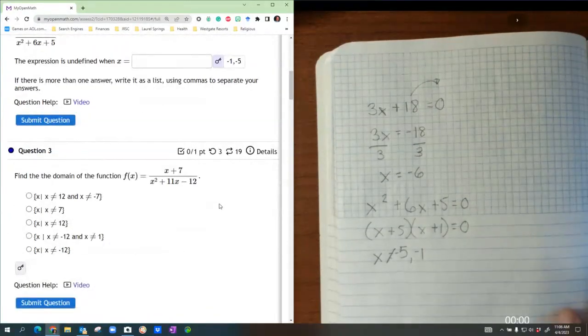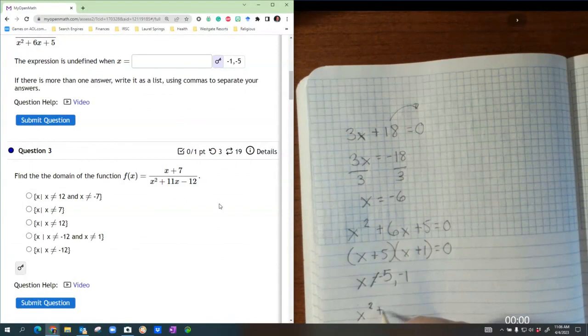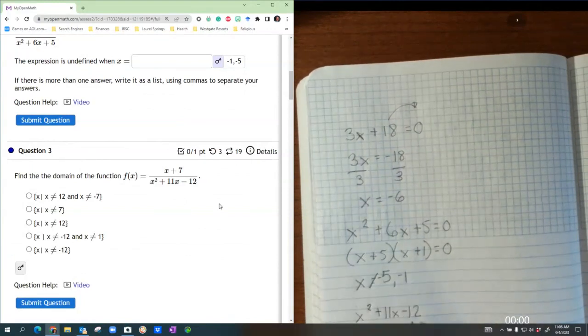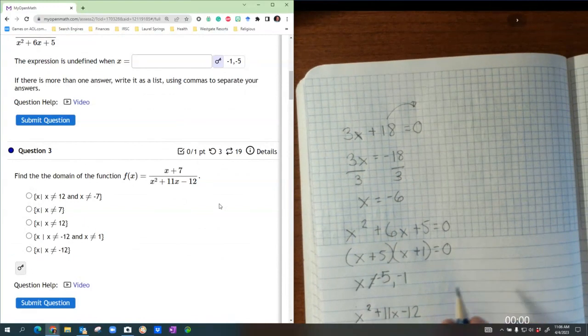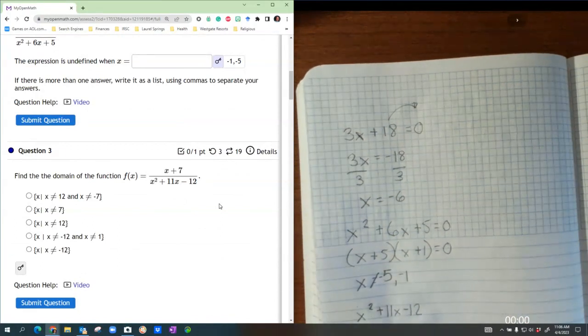Now they give you multiple choice. We look at the denominator again and set it equal to 0. Negative 1 times positive 12 equals negative 12, and that adds up to positive 11.